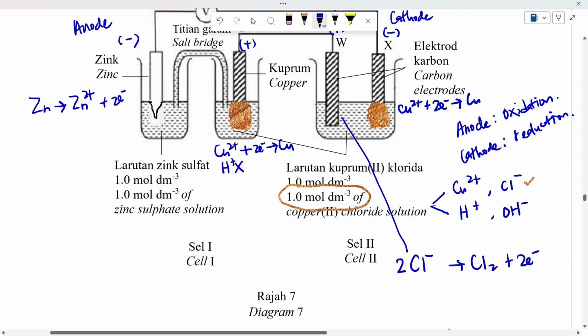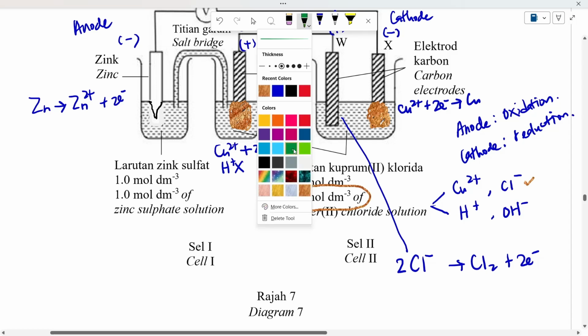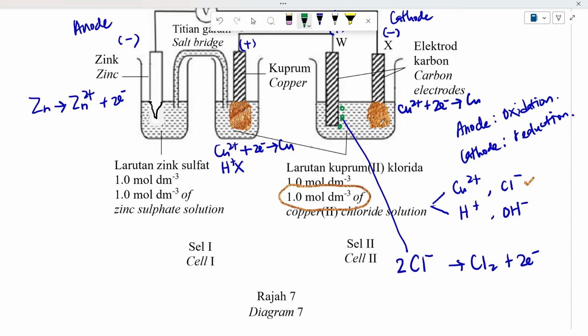What can you observe here? Greenish yellow bubble gas, which is chlorine. Why do you choose chloride? Because of higher concentration. If lower concentration, you need to choose hydroxide, then you will produce oxygen gas, a colorless bubble gas.